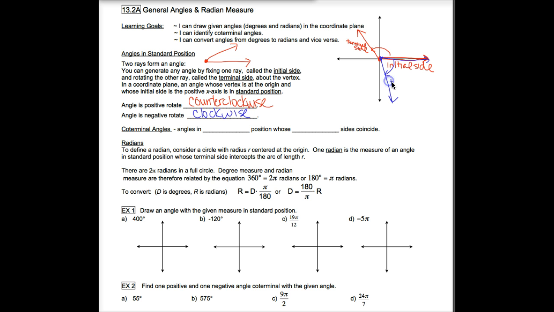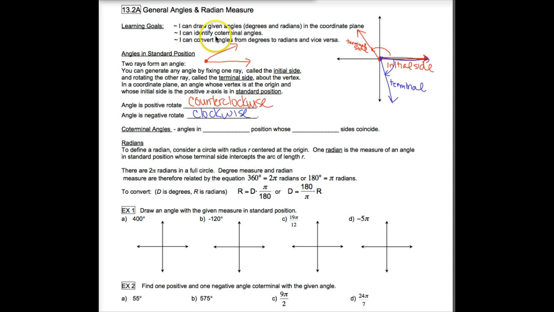So my terminal side here for a negative angle is made by the fact that I go clockwise. Now, certainly you can have negative angles that go down into this third quadrant. You can have positive angles that are in the third quadrant as well if you keep going past the 180 degrees. But that is just two examples of those types.